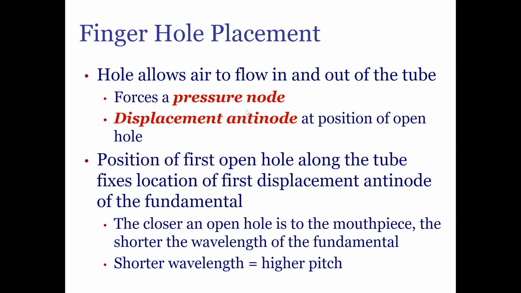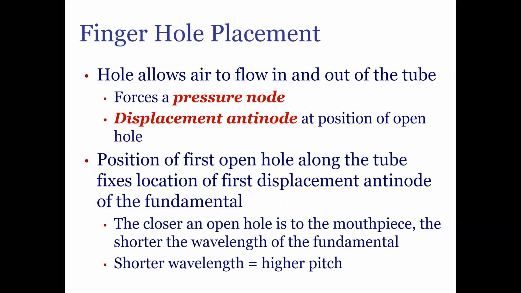And what this does is it allows you to play a note with a slightly different frequency. It effectively shortens the tube by a small amount, and by shortening the tube, you get a little bit higher frequency. So anytime you're playing a woodwind, the lowest note you can play is with all the finger holes closed.